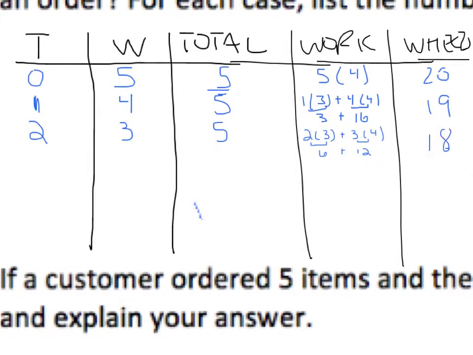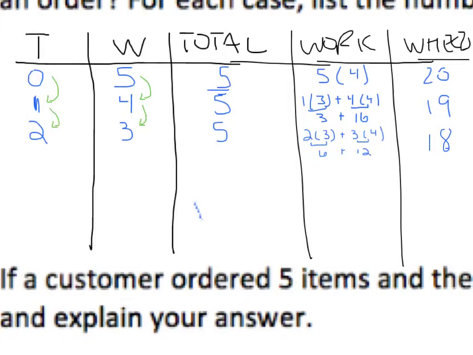Now here's where picking up on patterns might really be to our benefit, because at this point I'm noticing a few things. I'm going to change my color to help you see what I'm seeing. Right here, I went from 5 to 4 to 3, and this one from 0 to 1 to 2.